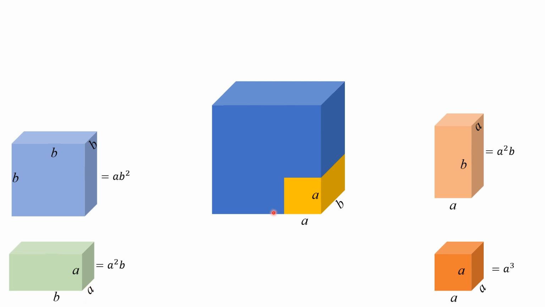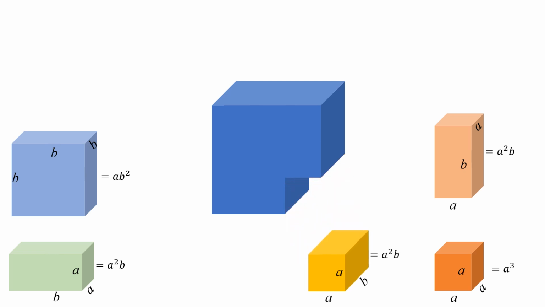A is taken away, therefore this length will be equal to b, and this is of height a, and this breadth is equal to a, because the total length was a plus b. If you take this rectangular parallelepiped out of this main cube, its volume will be equal to a into a into b, which is a square b. So let us take away this one from the main cube, equal to a square b.